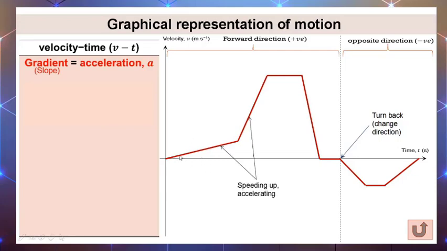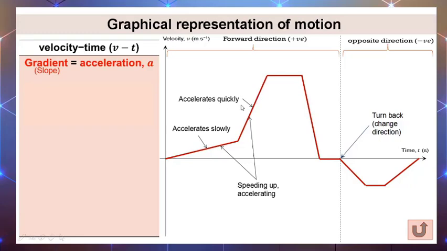Here we can see that the slope is increasing. So it means that the object is speeding up, where the first line indicates a smaller gradient, while this one is steeper.